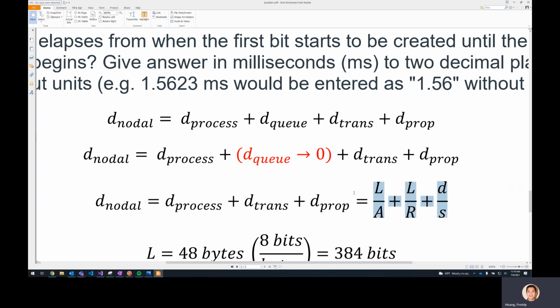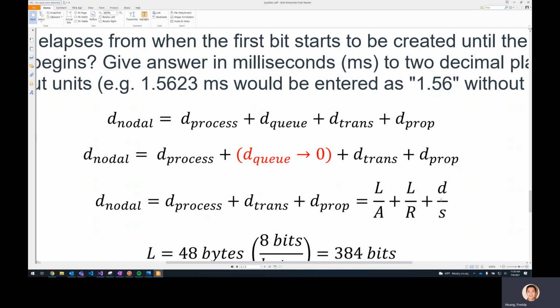So you can say that the processing delay is the time that it takes for the packet to be converted from analog to digital, which in this case would be L, which is the size of the packet, over A, the conversion rate. And then similarly, you have transmission delay, which is just your L over R, your packet size divided by your transmission rate.